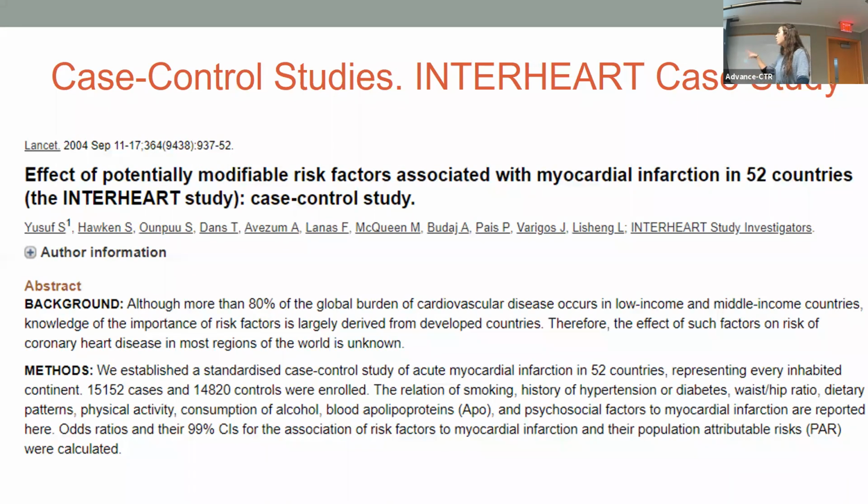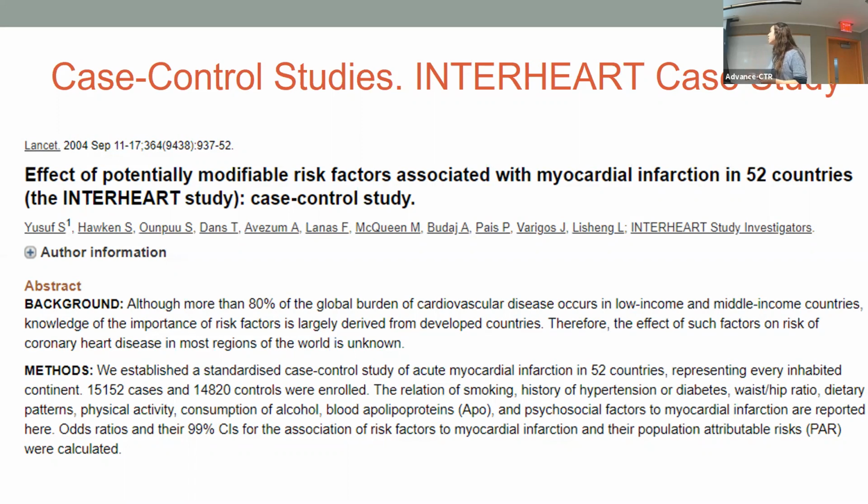For this outcome, they wanted to look at various risk factors, such as smoking, history of hypertension, waist to hip ratio, physical activity, and so forth, and the impact of those factors on having acute myocardial infarction.